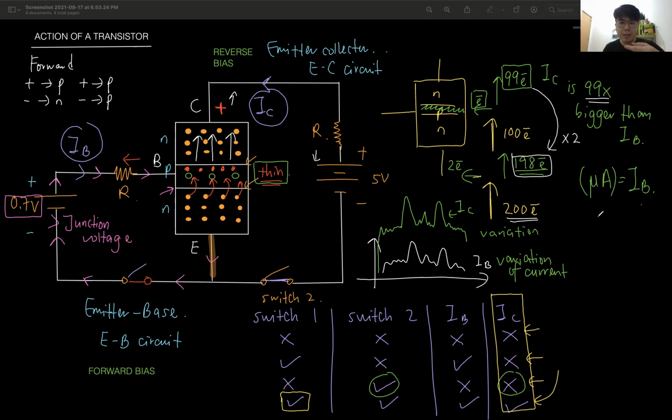That will result in the change of milliampere for the IC. Milli is much larger than micro. Milli is -3, micro is -6. So that is like 1,000 times larger. 1 milliampere is 1,000 times larger than microampere. So you do a little bit of increase in microampere, that will get a change in milliampere in the IC.